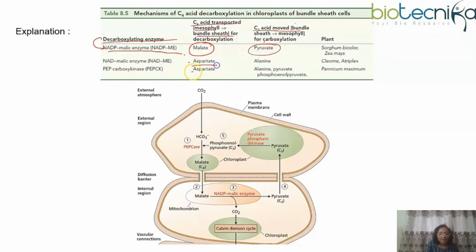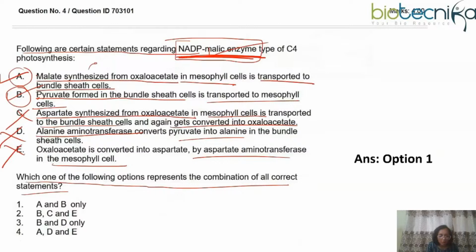Now aspartate entering into the bundle sheath, alanine or pyruvate being formed, or PEP being formed, that is not carried out by NADP malic enzyme. The enzymes are different. It is NAD malic enzyme or PEP carboxykinase. Right? So the remaining three statements are not applicable. So the answer is option 1, that only statements A and B are correct.